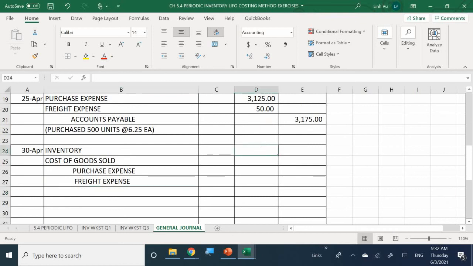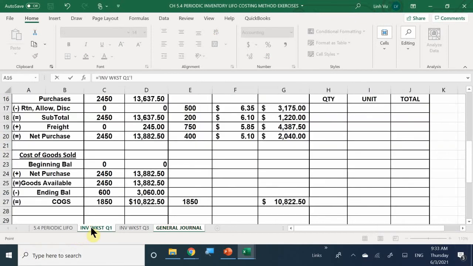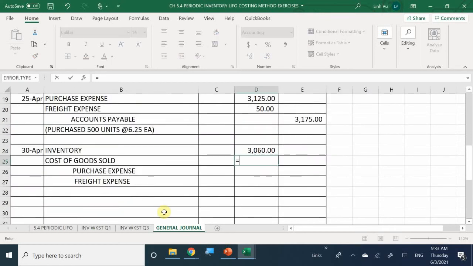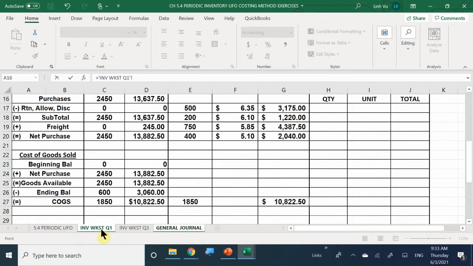Okay. So let's start with the very first one. What was the total cost of my ending inventory? That is your cost. It's 3,060, correct? Yes, 3,060. Now, which one is my cost of goods sold?